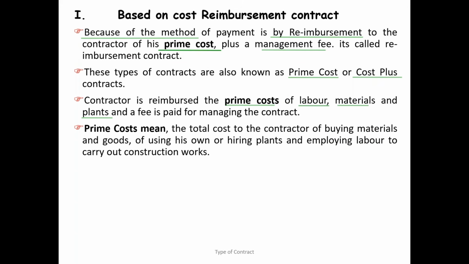Whatever cost the contractor incurs to hire the labor or hire the plant and equipment or buy the material, he will spend the money, and he will come back to the client and claim the same money with his overhead and profit.